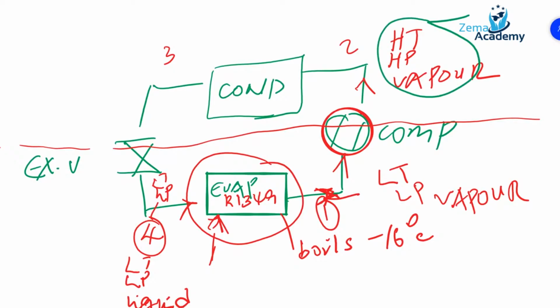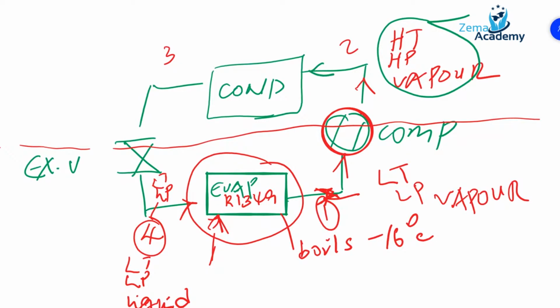So imagine here you have a high temperature and high pressure vapor that you can use for different applications, whether for space heating or for hot water, depending on the application. But the only way to extract that heat is to pass it through a condenser.